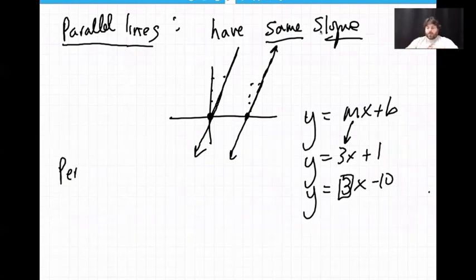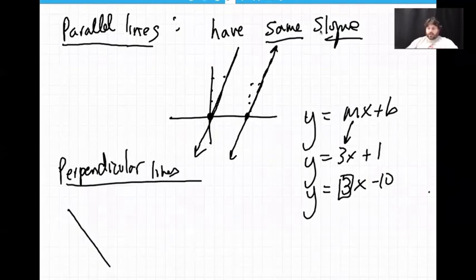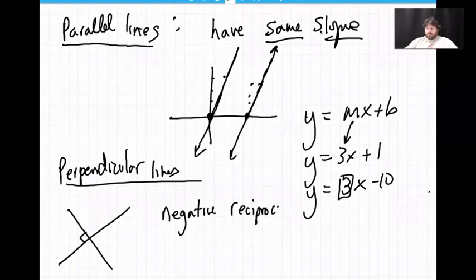Okay, perpendicular is a little different. Perpendicular lines, right? They look like this, where they intersect at 90-degree angles. These have what we call negative reciprocal slope. And that's a very mathy term.